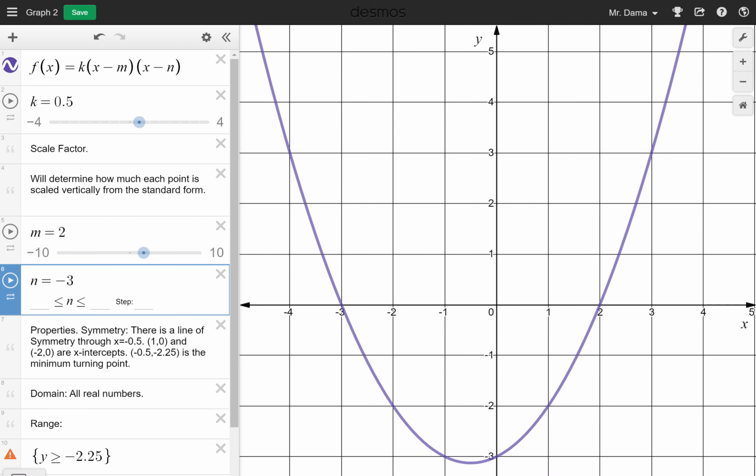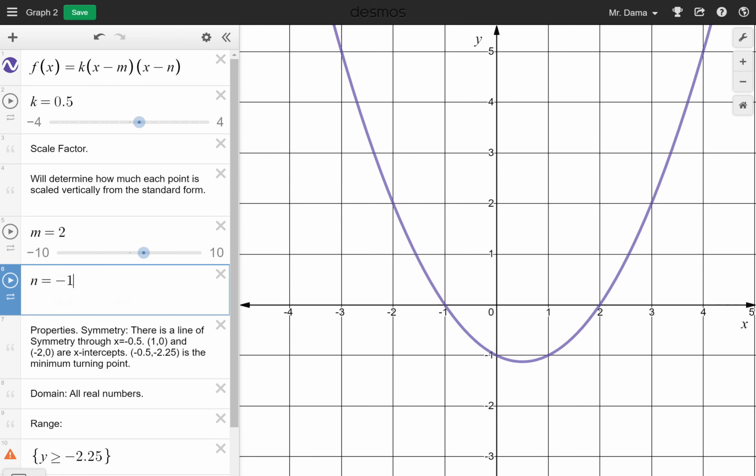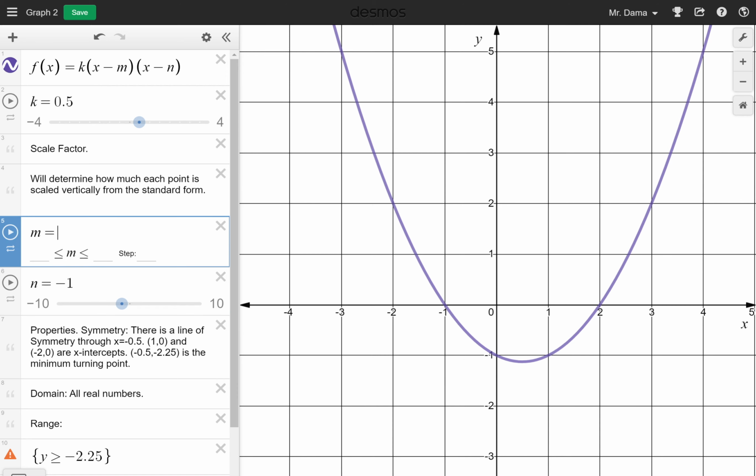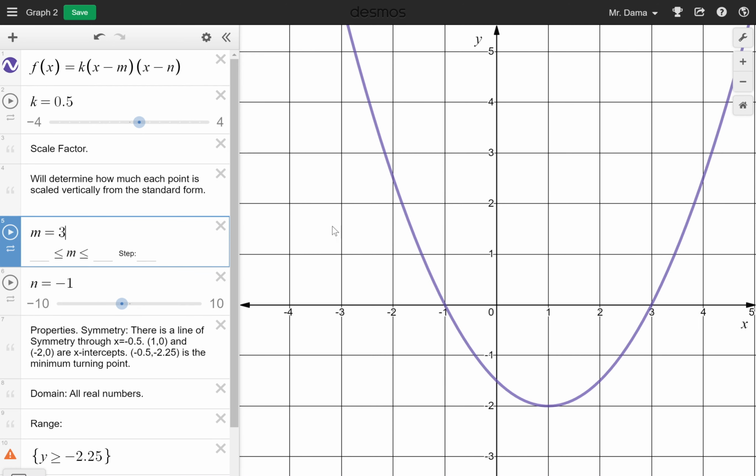I'm going to just change this one a little bit more. I'm going to change this to -1. There we go. I'll change it to 3. Okay. I want you to tell me what the symmetry, the x-intercepts, the turning points, and the domain and the range are for this function.